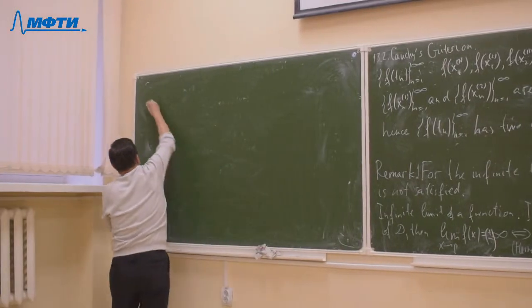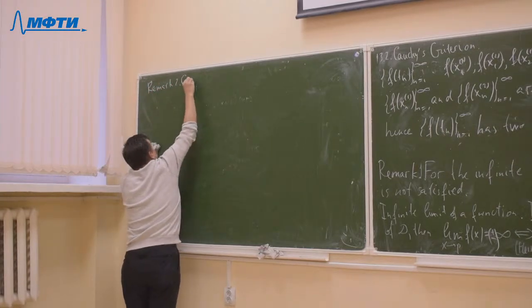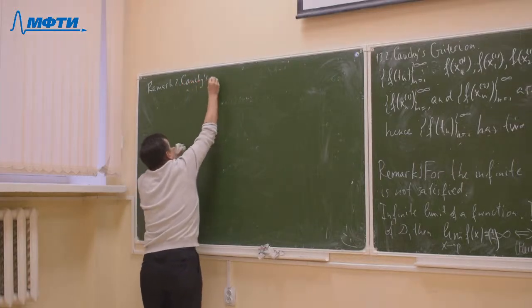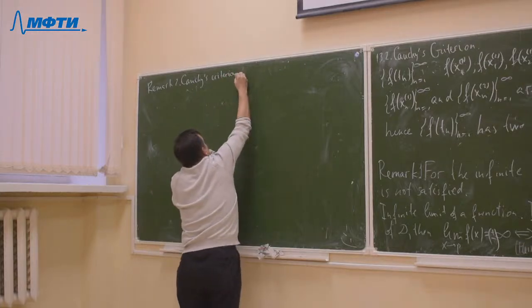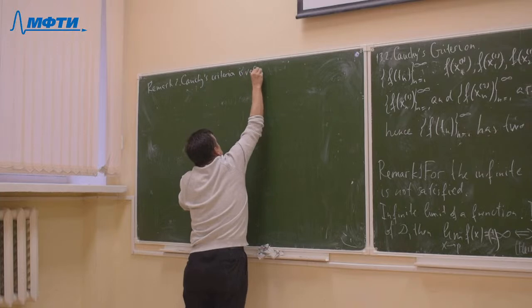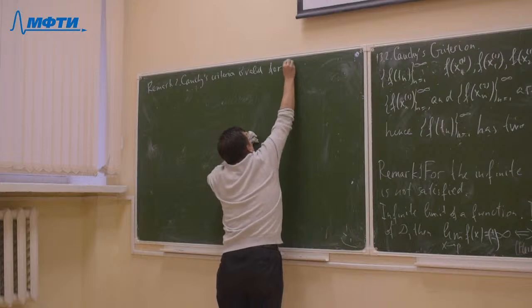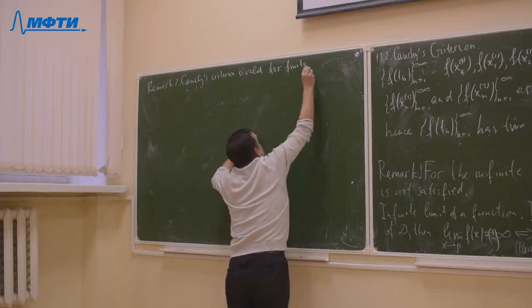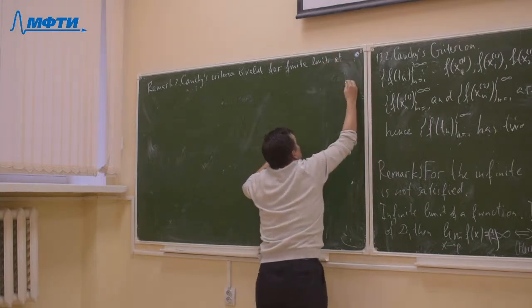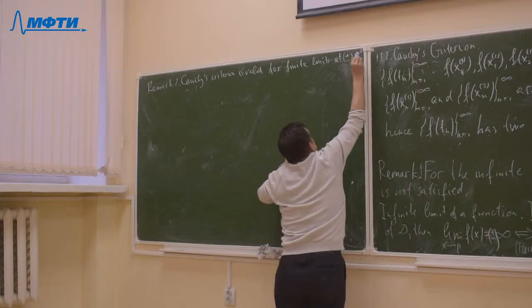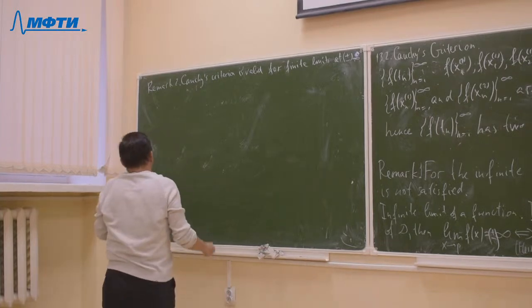Remark 2. Cauchy's criterion is valid for finite limits at plus or minus infinity. How does it look?